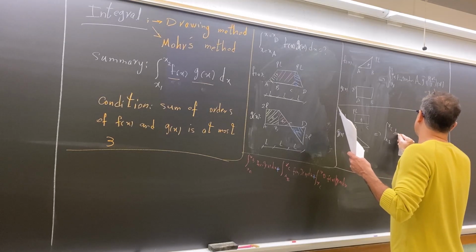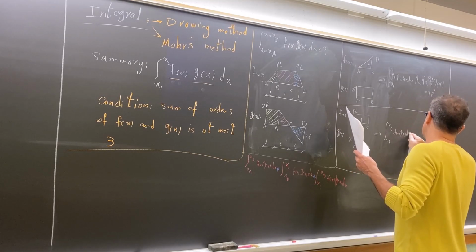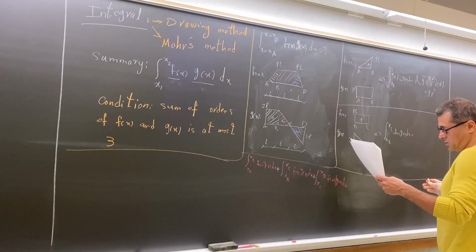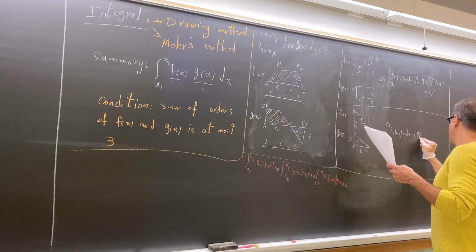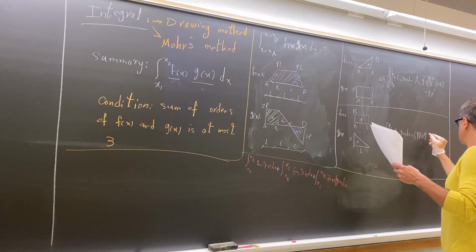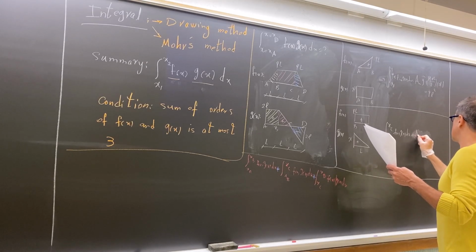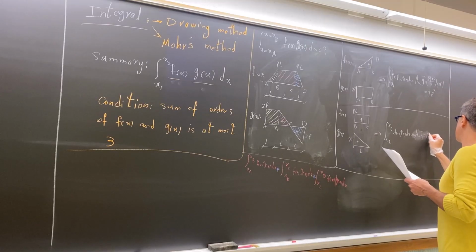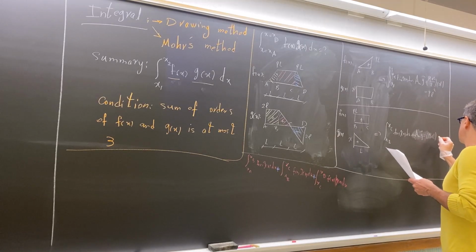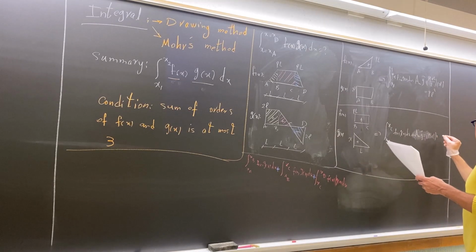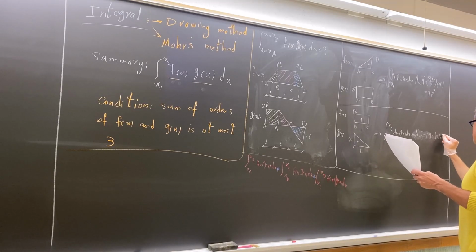BC is F, it is PL times L times L. AM Y bar, PL times L times L. The answer is PL cubed.